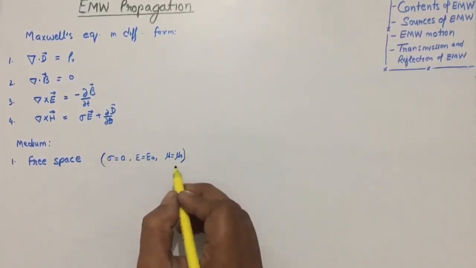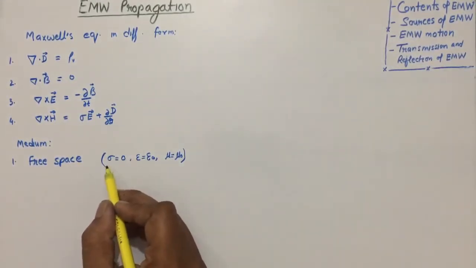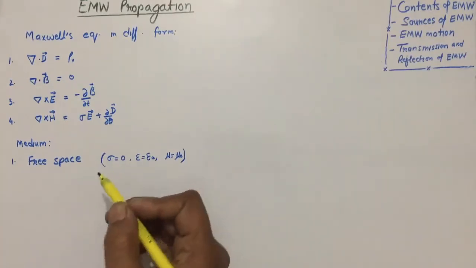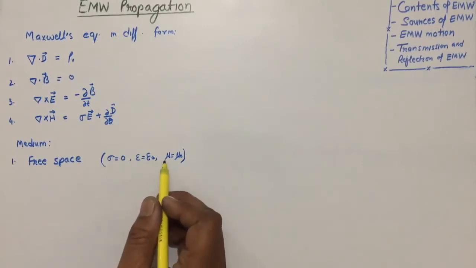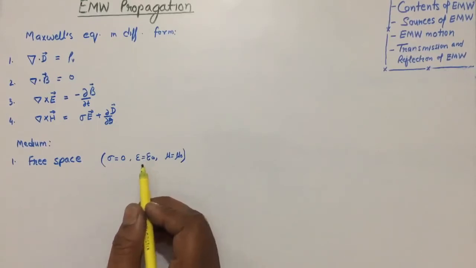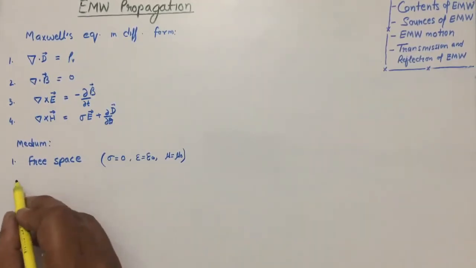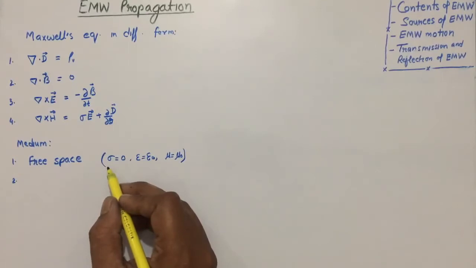These are the characteristics of free space. Conductivity is the measure of the ease at which an electric charge, or we can say heat, can pass through the material. Permittivity and permeability we have discussed in detail. The conductivity of free space is 0, which indicates that it does not allow the passage of charge or heat.